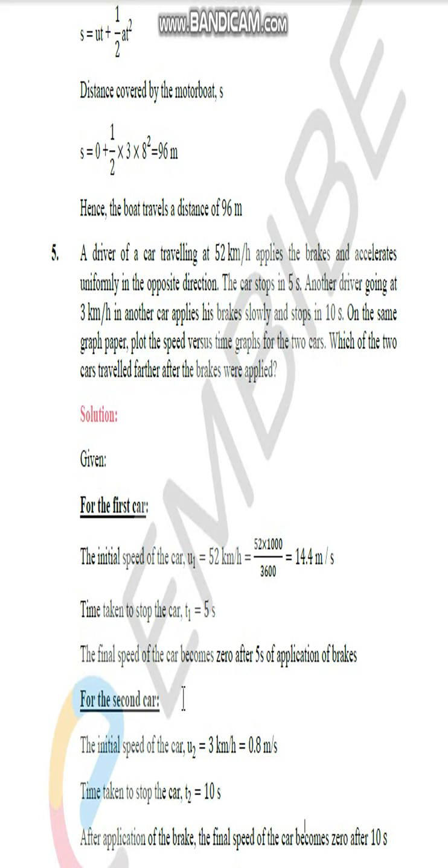Another driver is driving at 3 km per hour and applies the brake at a very slow rate, and the car stops in 10 seconds. We have to show the graph of both the cars.